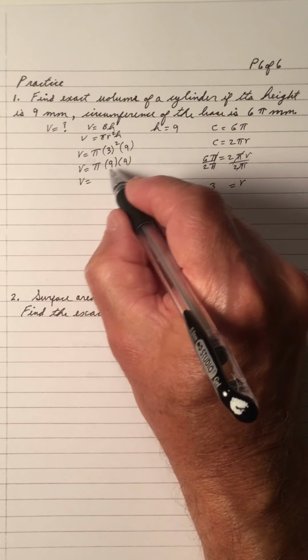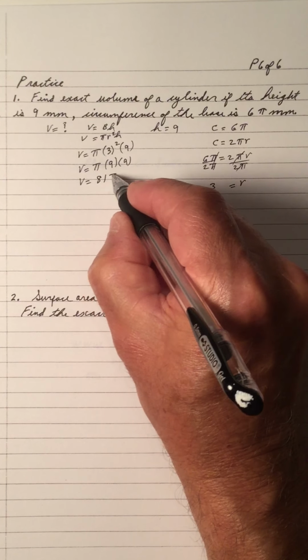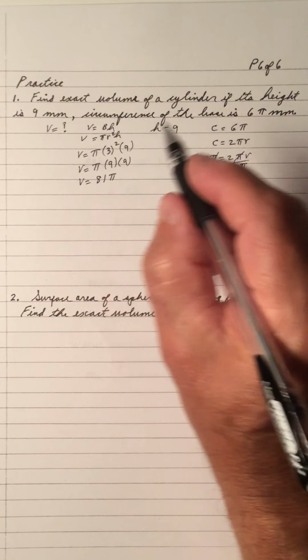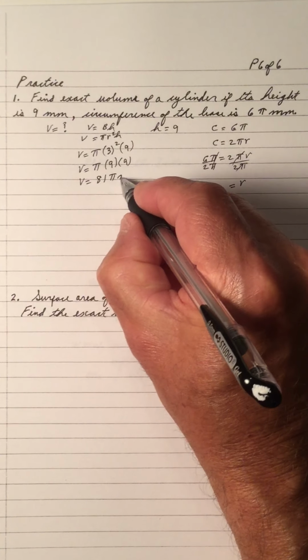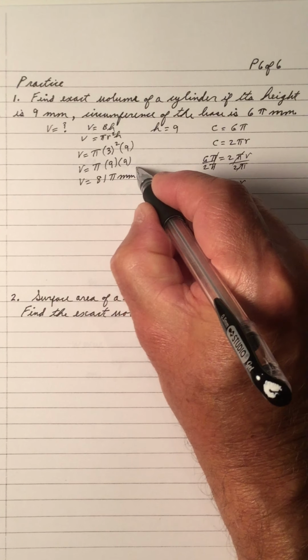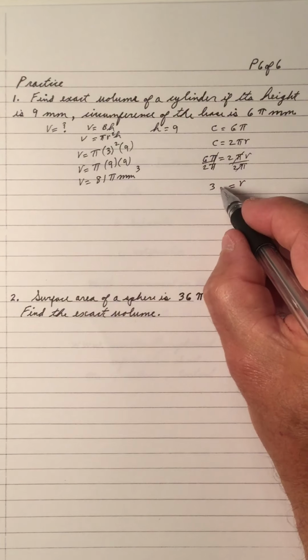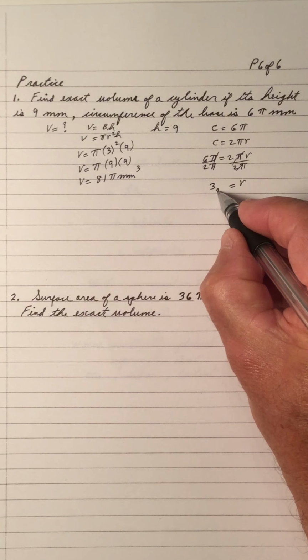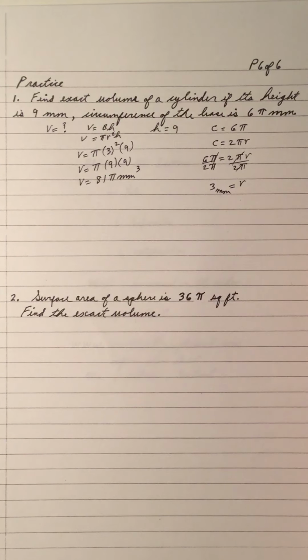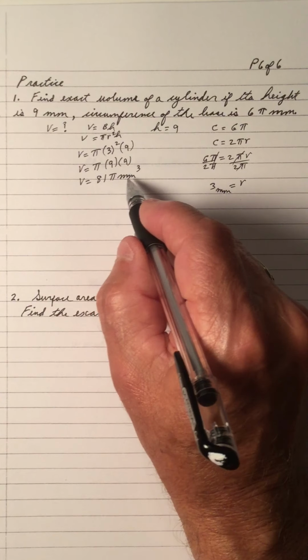And that gives me 81 pi. It's a volume, and it's in millimeters, so the volume is cubic, because it's 3 dimensions. Notice the radius is a length, so the radius is only millimeters. Notice I didn't put the units in here, I put them at the end.